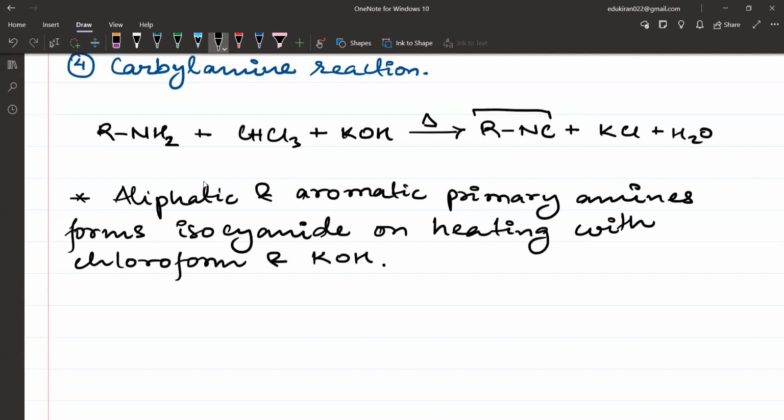This thing is known as isocyanide and also known as carbylamine.